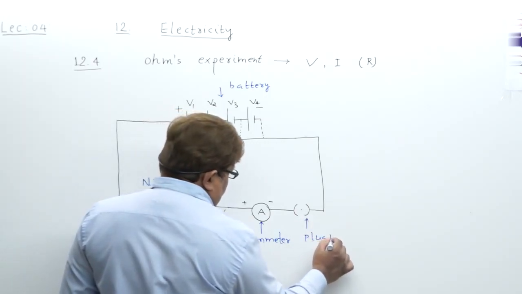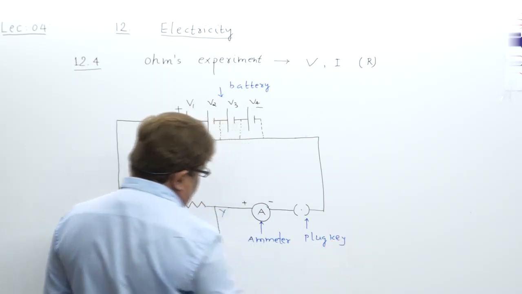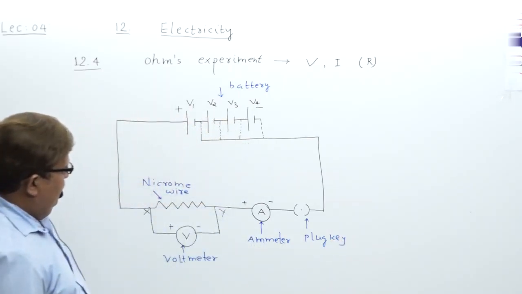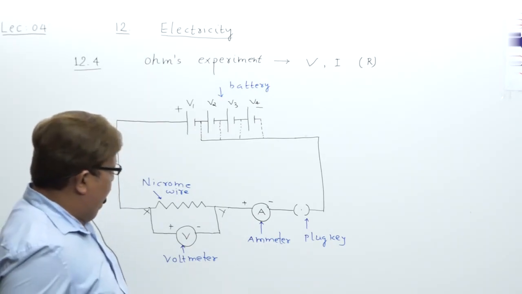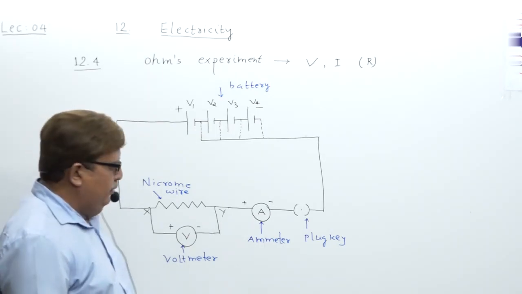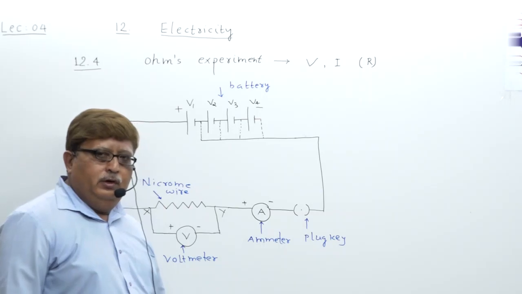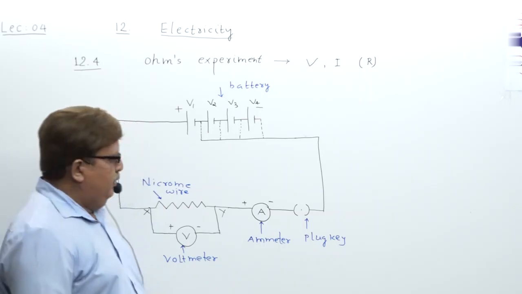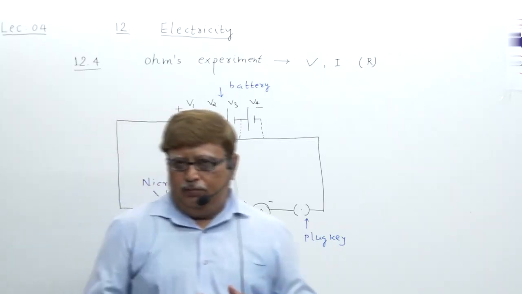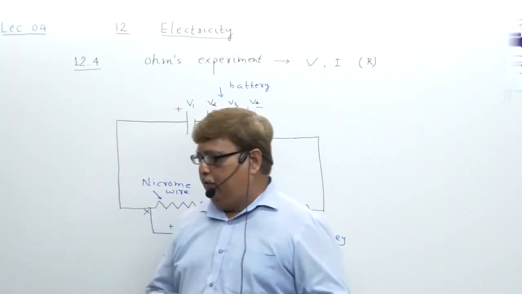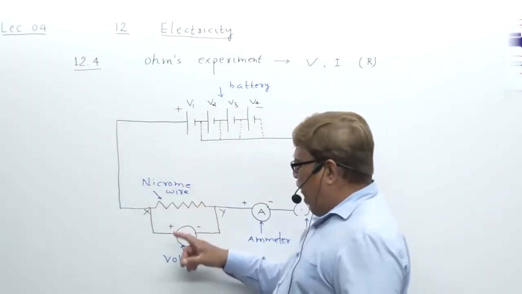Okay, so my dear student, try to understand. This is the electric circuit we have to design to perform Ohm's experiment. How many devices, means how many apparatus, we require to perform Ohm's experiment?